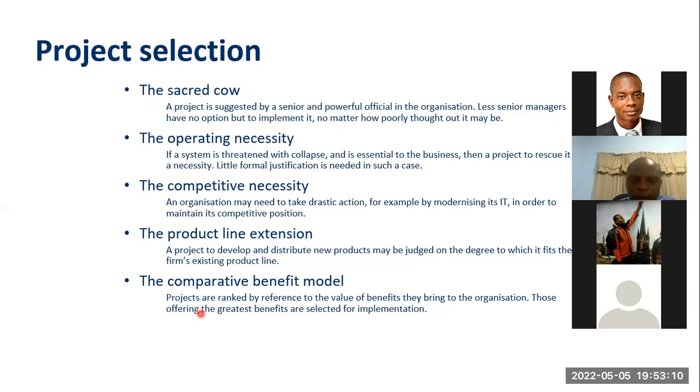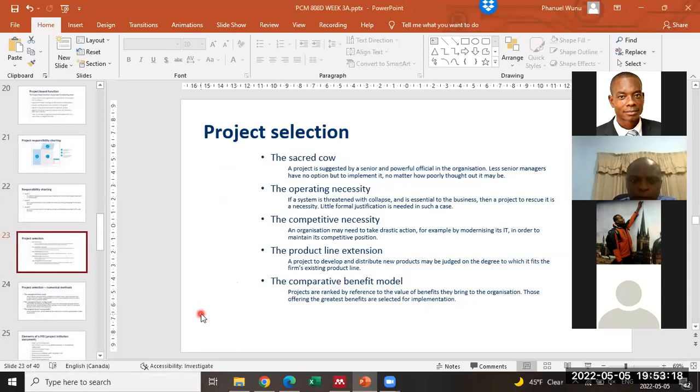So when you are selecting a project, there are so many considerations you need to put in place. I think our time will be over soon. So we can't finish the project selection criteria now.